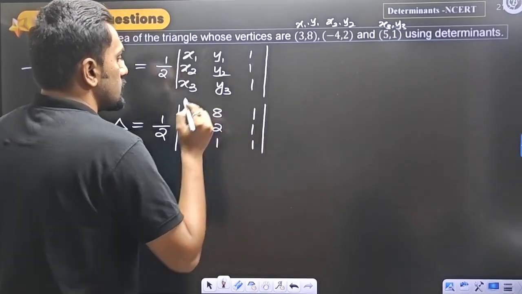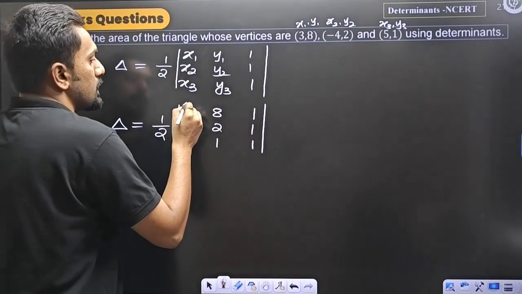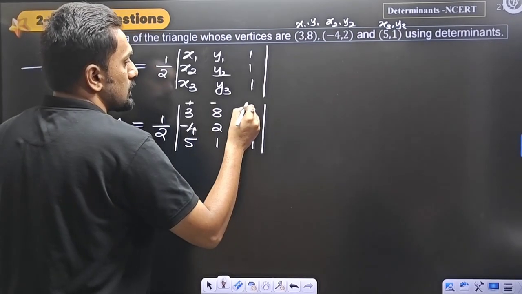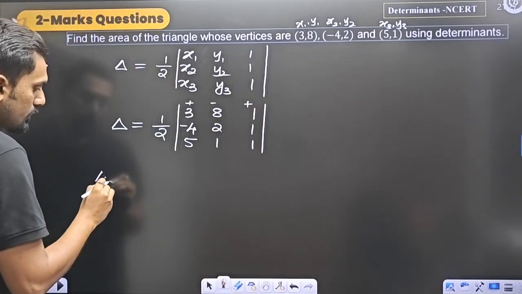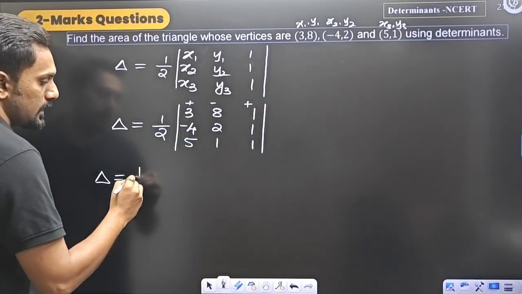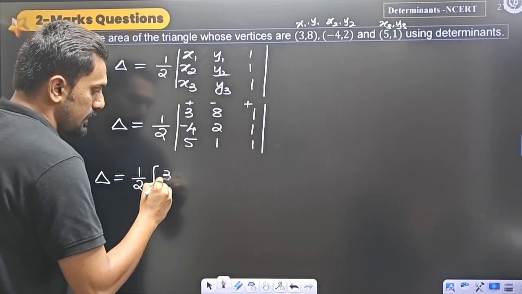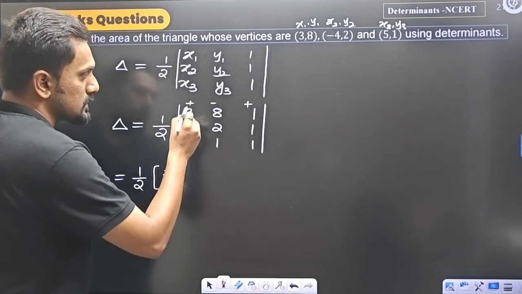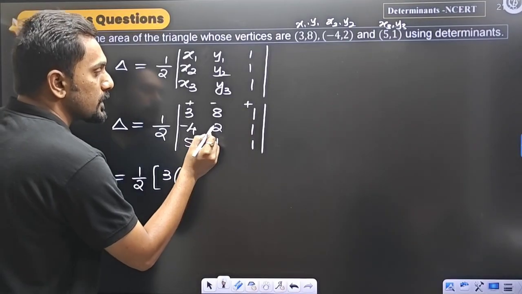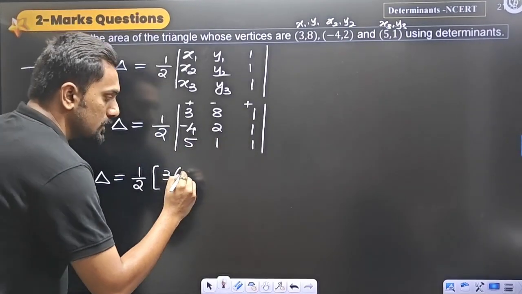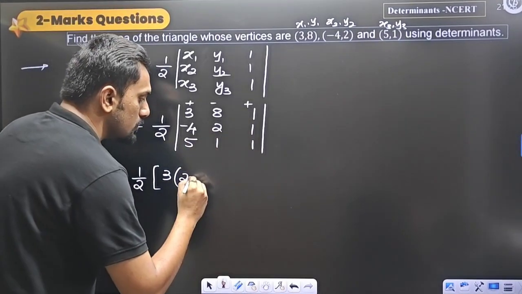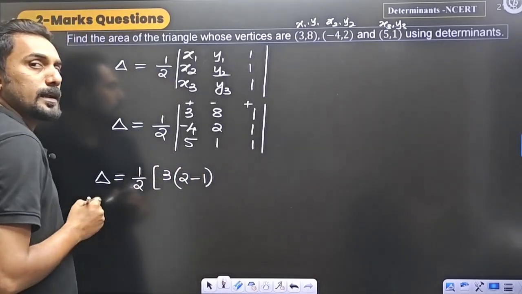1. If I expand the determinant by using first row, then area of triangle is equal to half multiplied by plus 3 into, by deleting first column and first row, then it becomes 2 into 1, 2 minus 1 into 1 becomes 1, right?